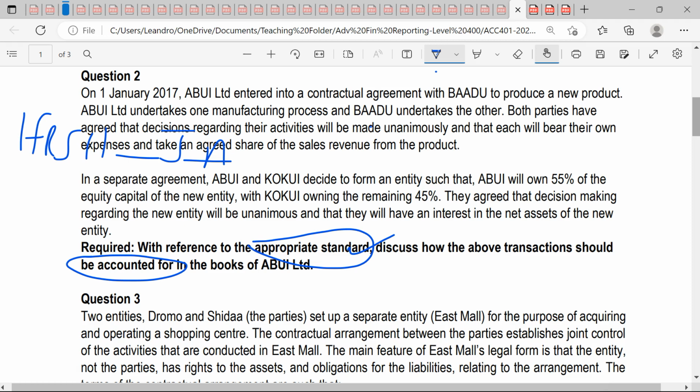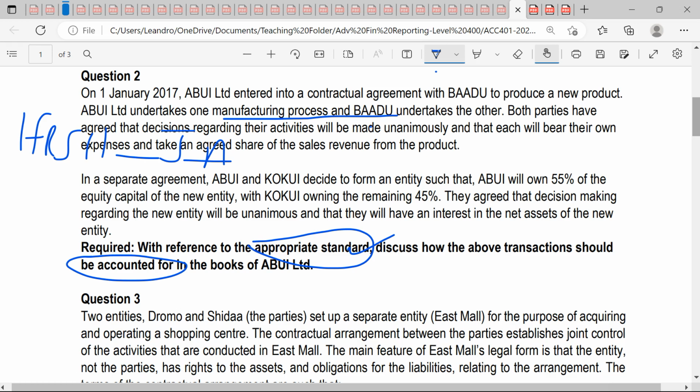Now in the classification, you are trying to classify as to whether it is a joint venture or a joint operation. Now with the first scenario, for example, it is Abui and Badu. Now Abui takes a manufacturing process and Badu takes another. So they are each responsible for a particular part of the business.